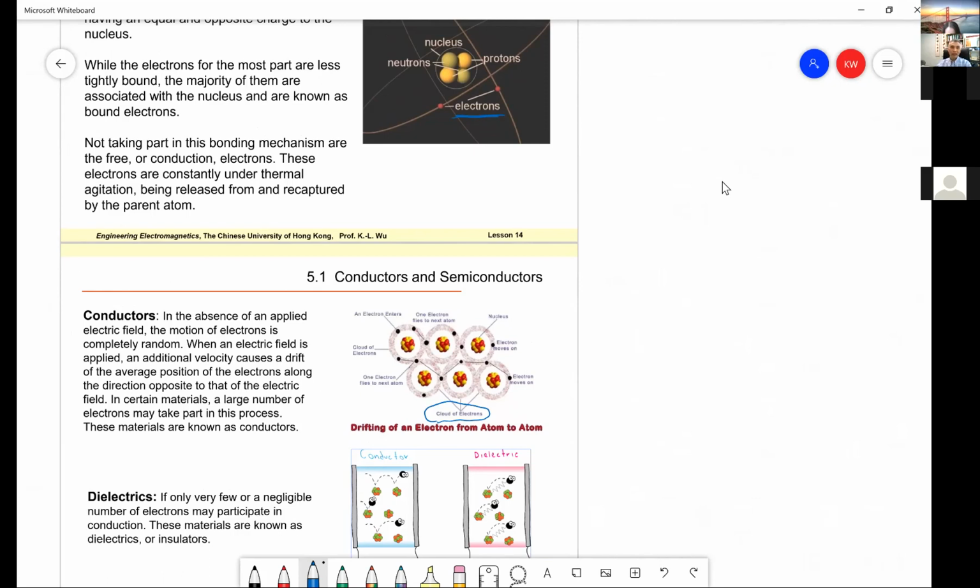However, without an external field, they just move randomly, and you don't see any clear current moving in one direction or another. The direction is random, but they are ready to be driven by an electrical field. Those we call conductor types of materials.